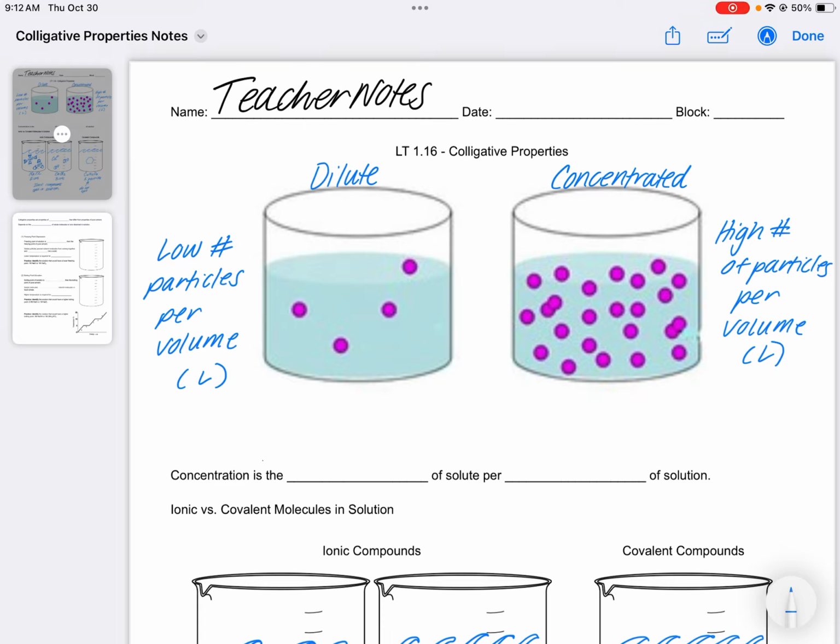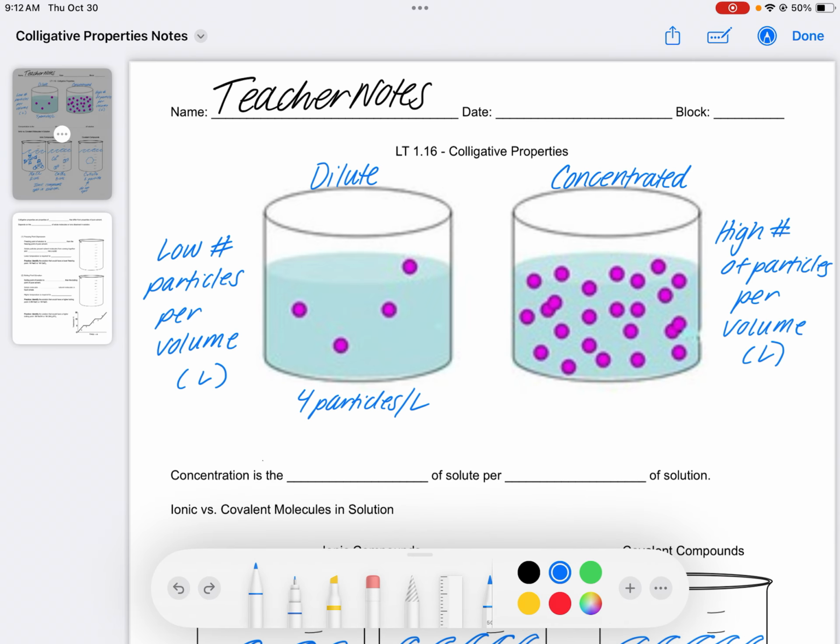So in this diagram here, I see 4 particles per the volume, and let's just say it's a liter. And in the other beaker, I see 24 particles per volume. So we're really counting the number of particles or number of solutes in our solvent, and that can kind of give us an idea about how concentrated the solution is.